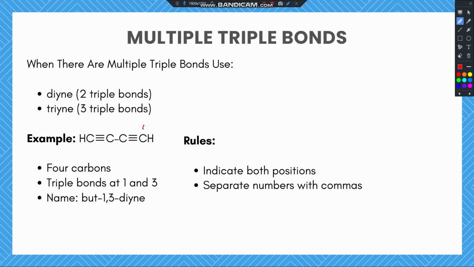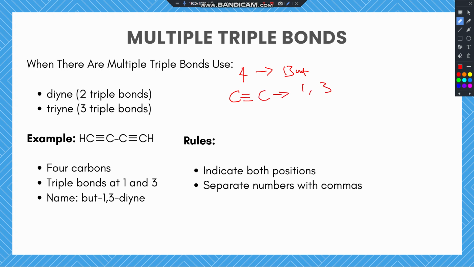Let's check that out. 1, 2, 3, 4. You can see the first triple bond located on carbon number 1, the second one located on carbon number 3. So we have the parent name, which is 4 carbon atoms, that gives us BUT, and then the triple bonds are located on carbon number 1 and 3.